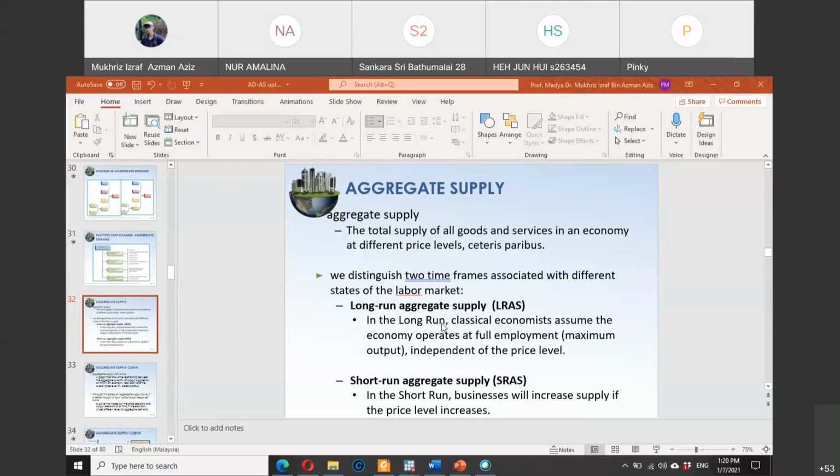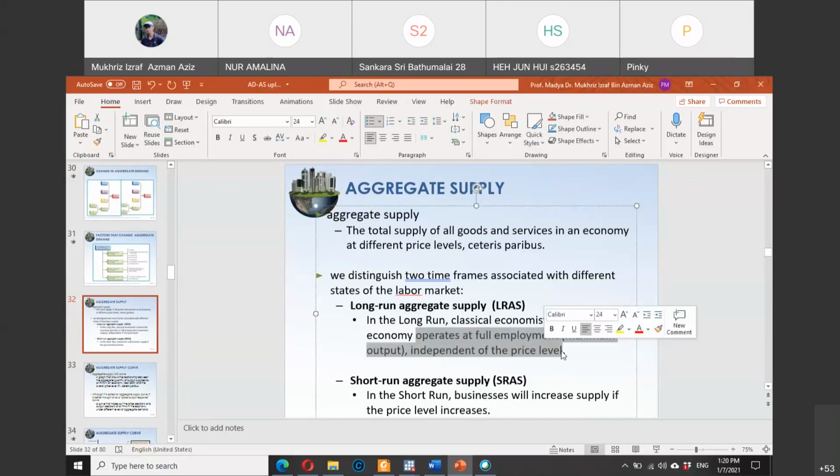For the long run, if you draw a long run supply curve, we usually assume that is the period where the economy operates at full employment or maximum output. But for the short run, there is still room for improvement, so the country can experience economic growth or recession.